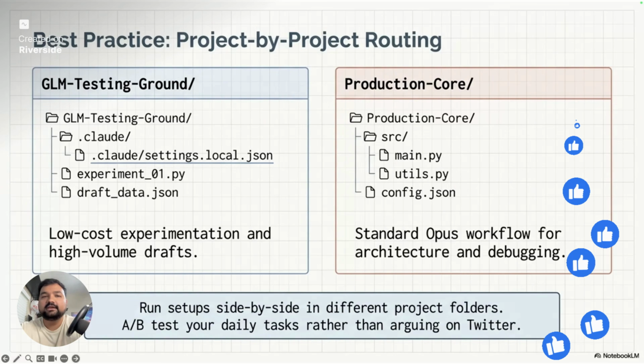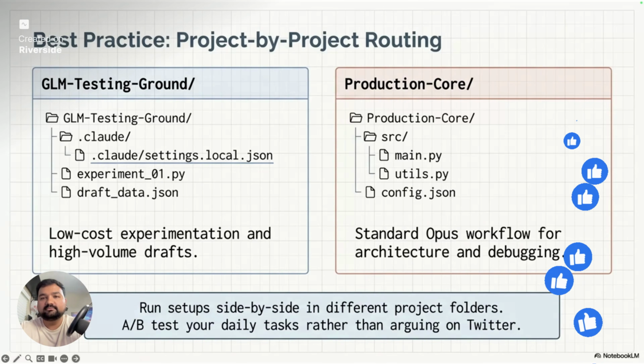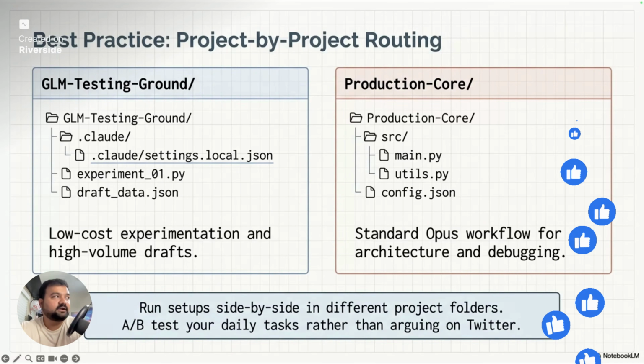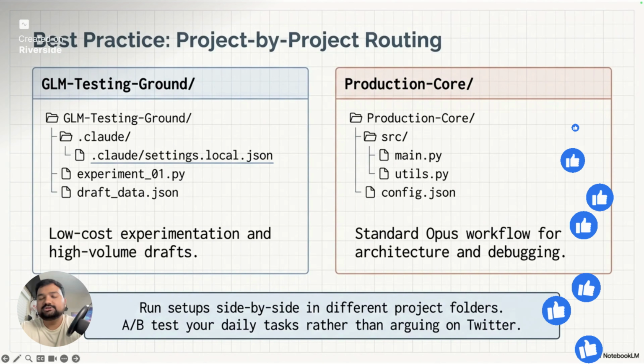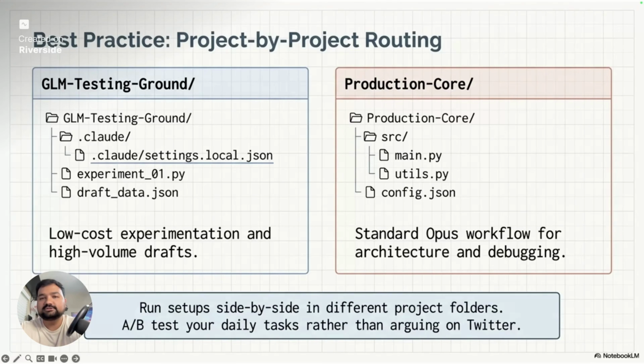For example, in your GLM testing folder, you can keep the file that I have already mentioned over here, which is this one, and it routes everything to GLM 5.2. That folder is good for low cost experimentation, content drafts, repo summaries, and high volume work. In your production folder, you keep your standard Claude setup. That folder is better for architecture, debugging, security, and serious production tasks.